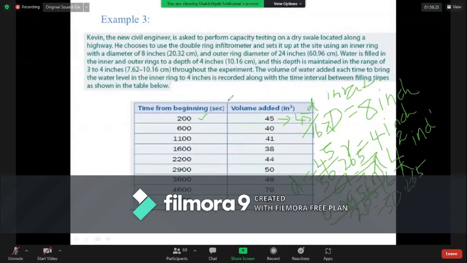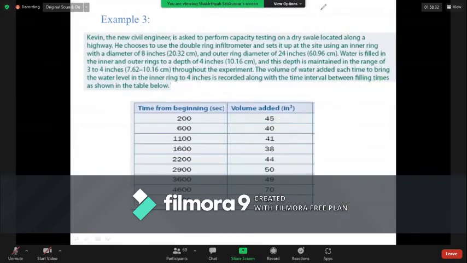Once you need to convert the unit from seconds to hour, how can you convert seconds to hour? You have to divide by 60 twice. The first 60 converts seconds into minutes. Then again 60 converts minutes to hours. So you have to divide by 3600 to convert this into hours.